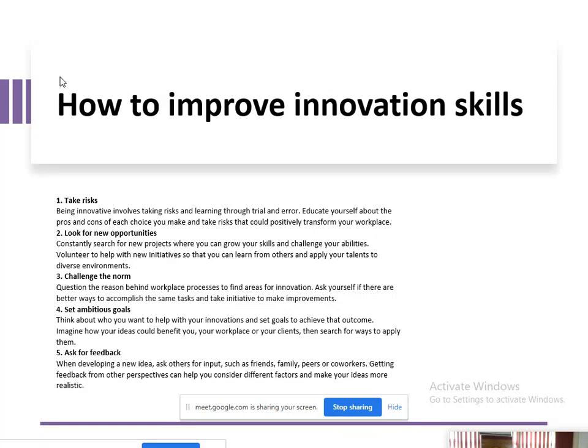Next, to improve the innovation skills, you must have an ambitious goal so that you can have better clients, because the clients can only give you the problem statement, since they know what problems they are actually facing.